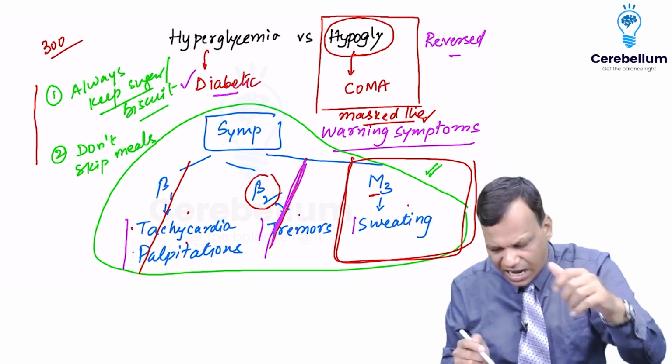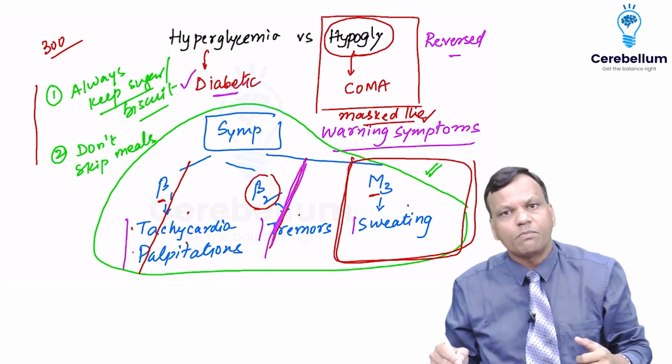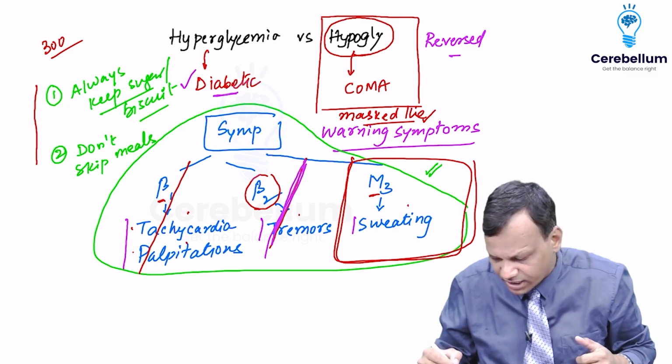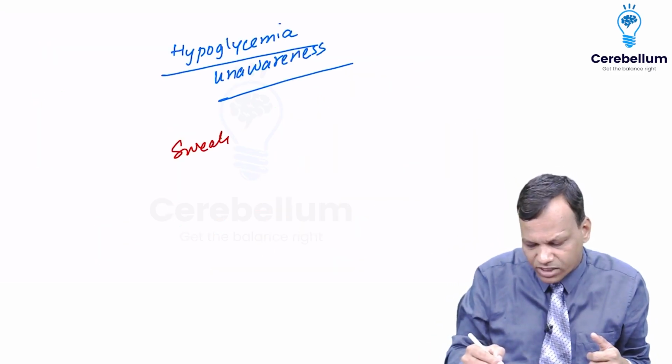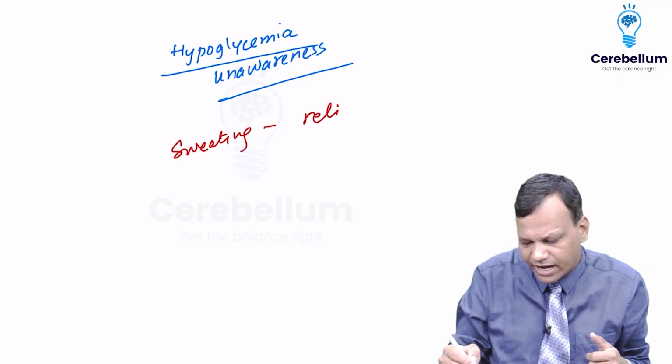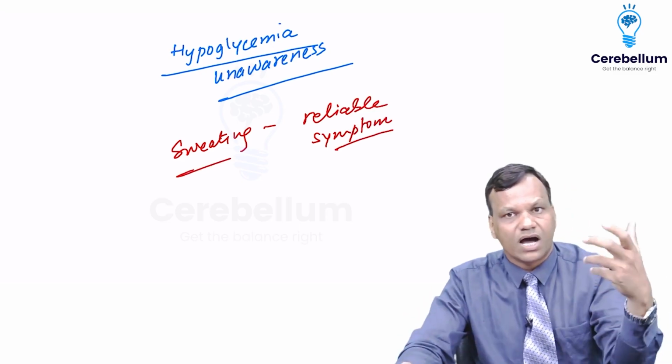Acetylcholine stimulates M3. And we have blocked beta 1 and beta 2, not M3. Clear? So beta blockers will not mask the sweating. So sweating is the only reliable symptom of hypoglycemia in a patient taking a beta blocker, because other symptoms are masked.